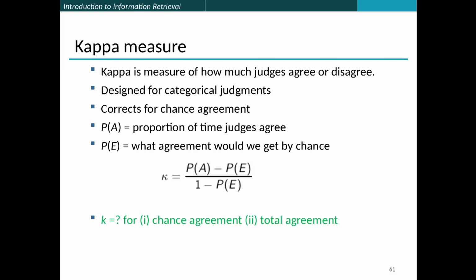So what is the kappa measure? The kappa measure should tell us how much judges agree or disagree about the relevance of a given document with respect to a given information need. It is designed for categorical judgments, and it's defined as follows.